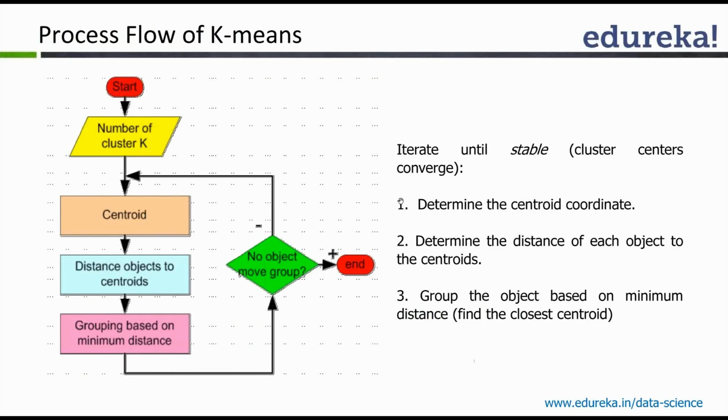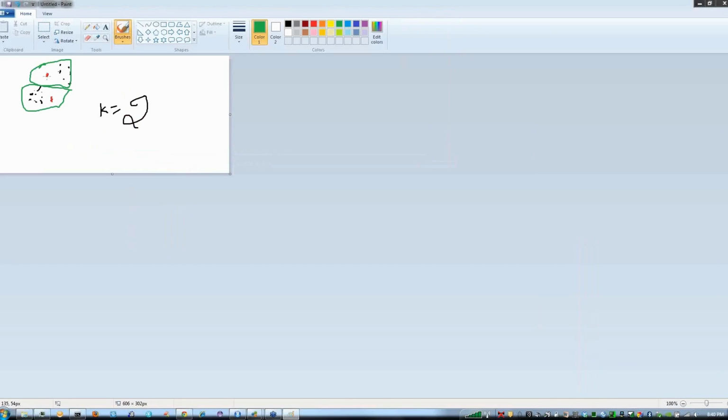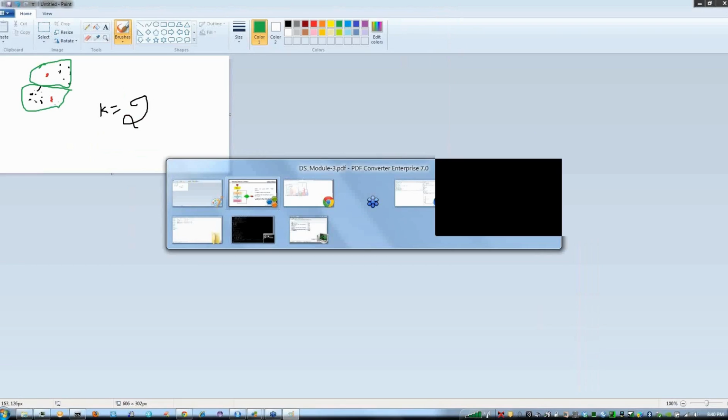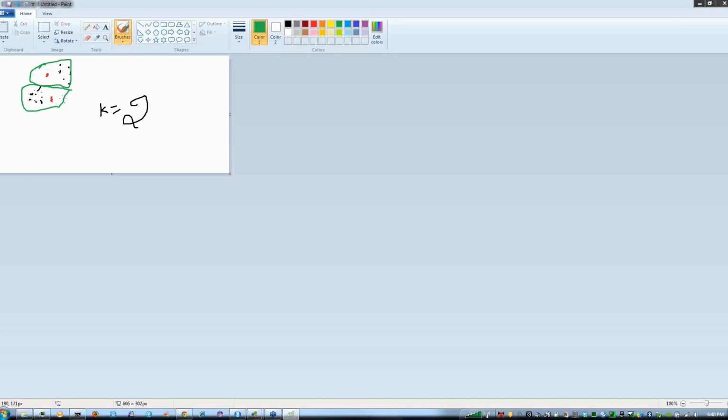So what we have done so far, given a k, we came up with one possible clustering arrangement around these randomly chosen red points. But this is not the end of the clustering. What we do next is, once you draw this green line based on the distances that we computed, we take the average of all the data points belonging to one cluster. You are trying to move your red point to a better location.